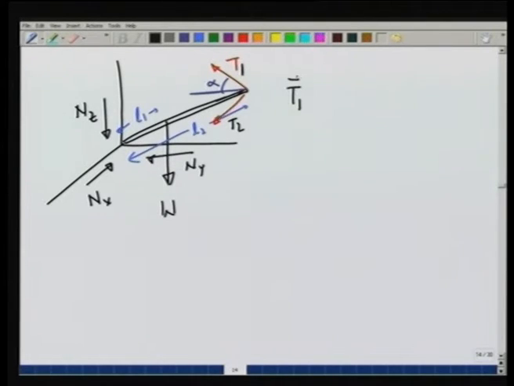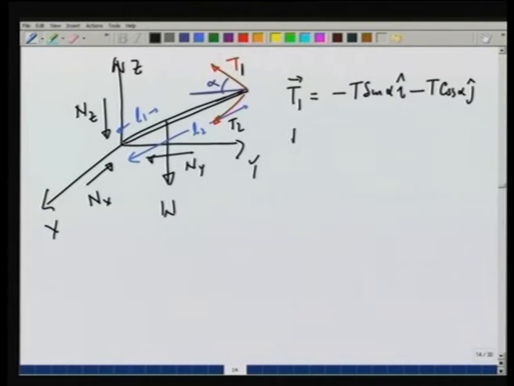T1 vector is nothing but minus T sine alpha i minus T cosine alpha j, because the tension T1 has component in negative x direction and negative y direction.